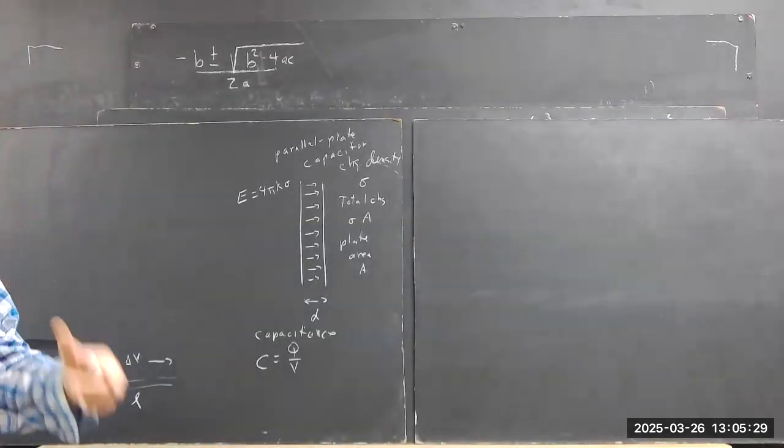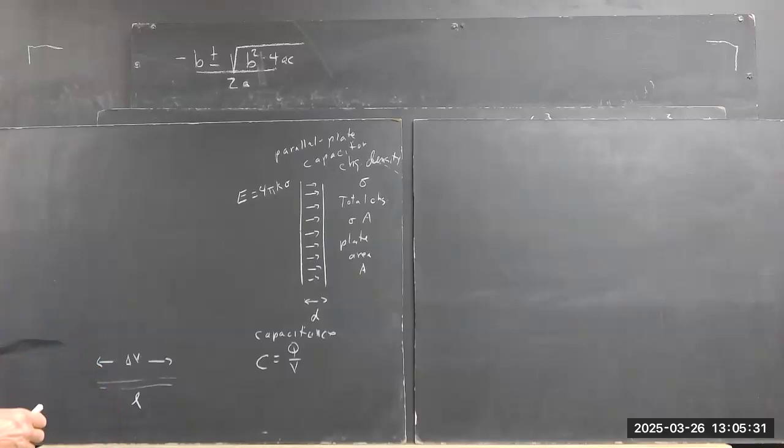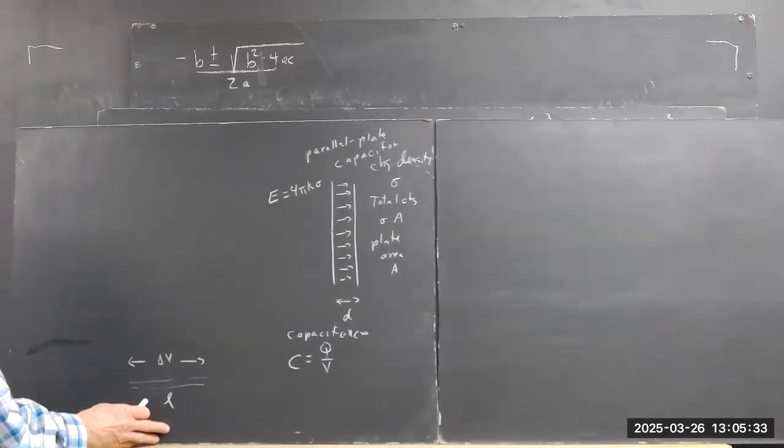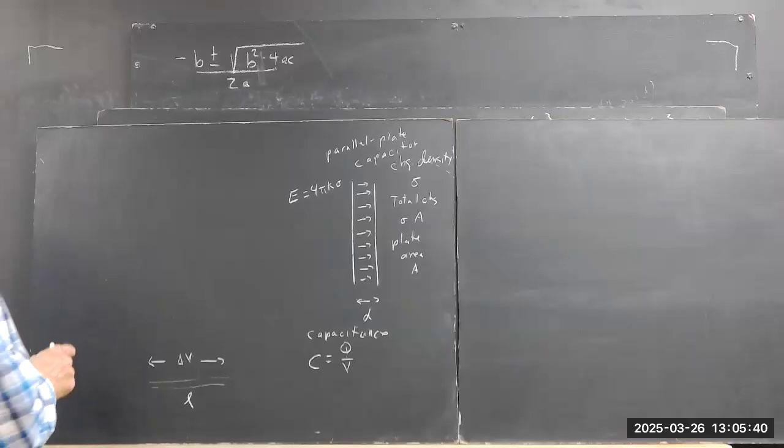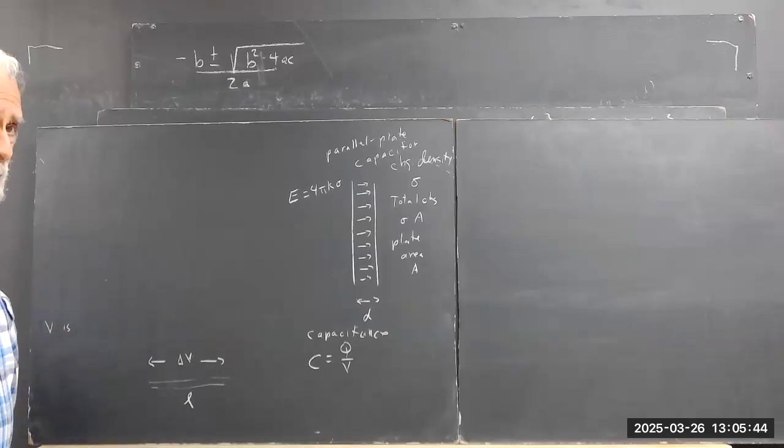You need to have this reasoning firmly in place in order to understand everything well. What's potential difference? What are the units?